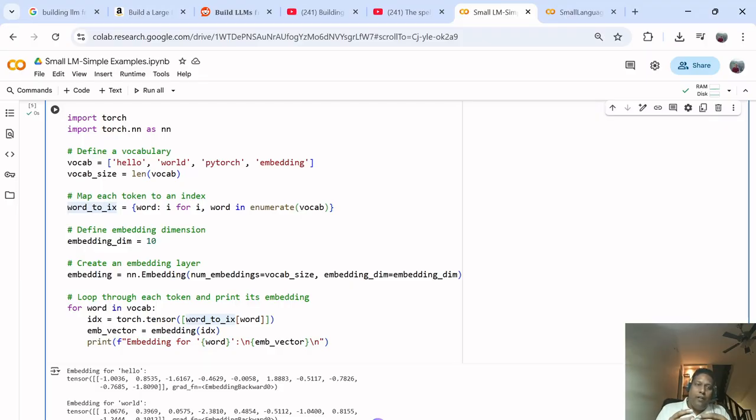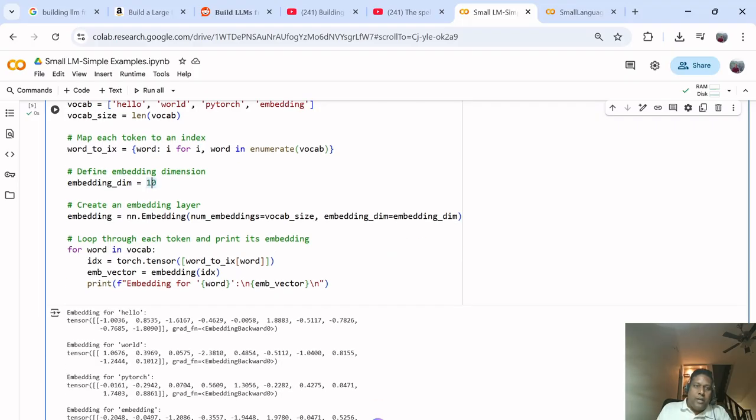So the neural network we're building is going to capture the weights for the embeddings; when we say embeddings, it's referring to these weights. And here we have a simple dictionary of 5 words, and we define the embedding dimensions to be 10.